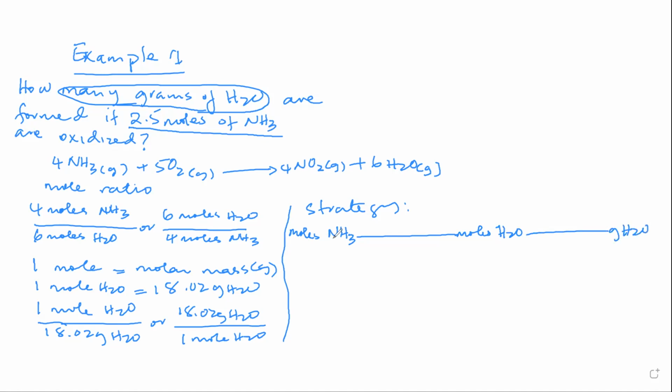Moles of ammonia to moles of water, we are using the mole ratio. Moles of water to grams, we are using 1 mole of water equals 18.02 grams of water. That's what's supposed to be here.